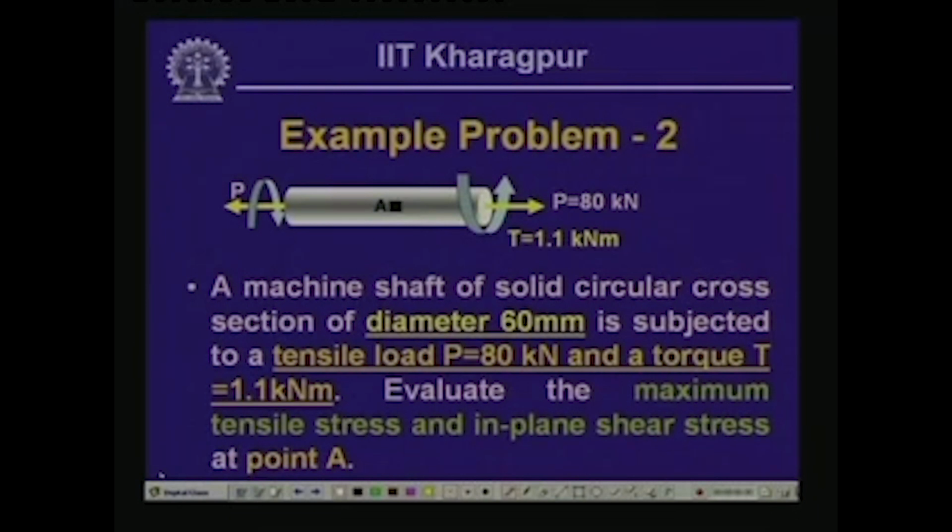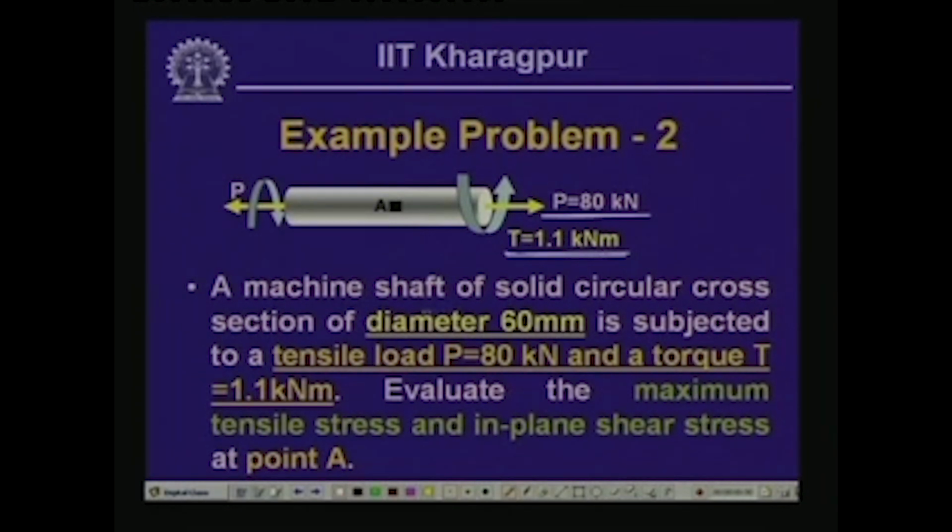Now, let us look into the second example, which is the combination of the axial pull and the twisting moment. This particular bar is subjected to an axial pull of 80 kilonewton, and also it is subjected to a twisting moment T, which is 1.1 kilonewton meter.